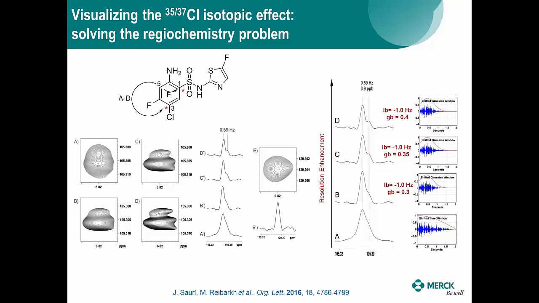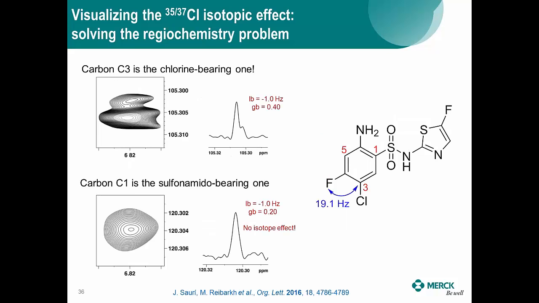So now we know which carbon is which. Carbon 3 is attached to the chlorine and resonates at 105, and carbon 1 is the one attached to the sulfonamide group, resonating at 120 ppm.